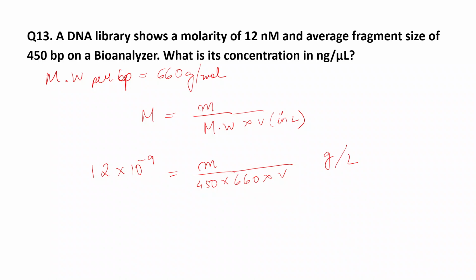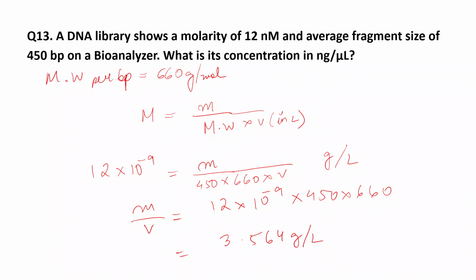If we multiply, the mass per V will come as 12 into 10 to the power minus 9 into 450 into 660. So this comes to 3.564 gram per liter.